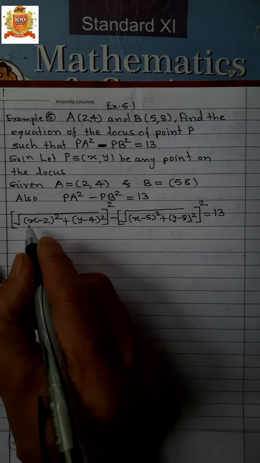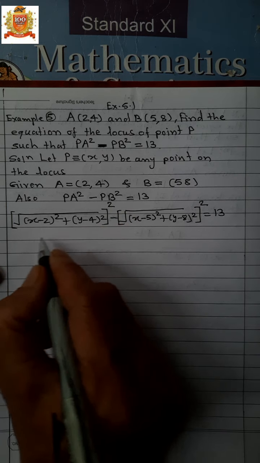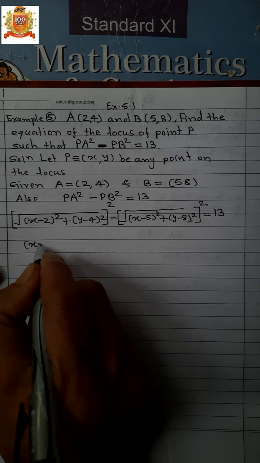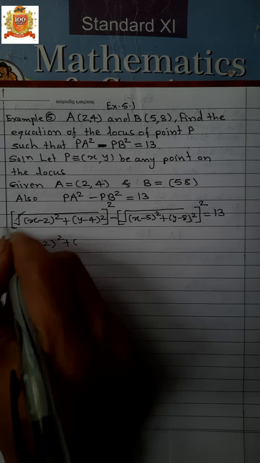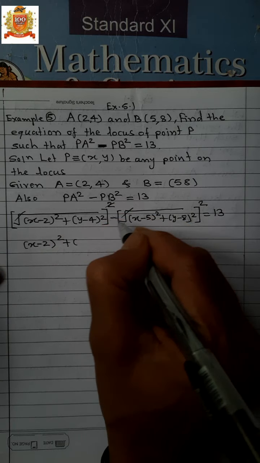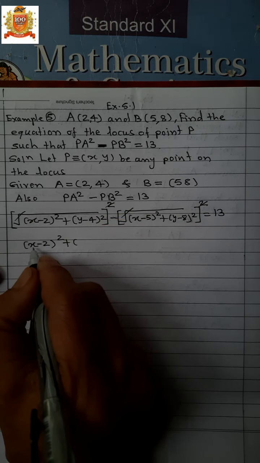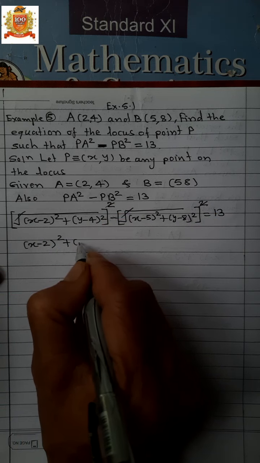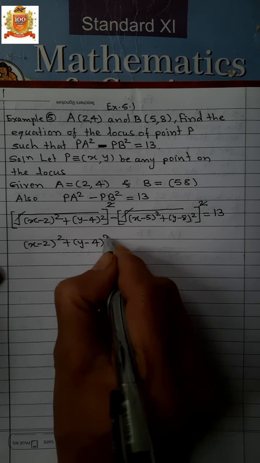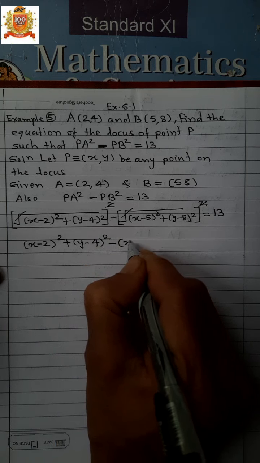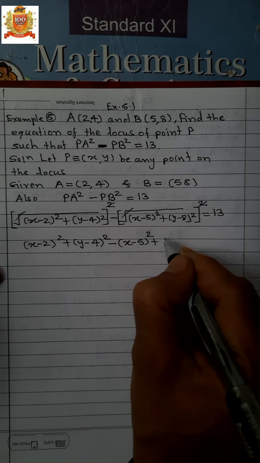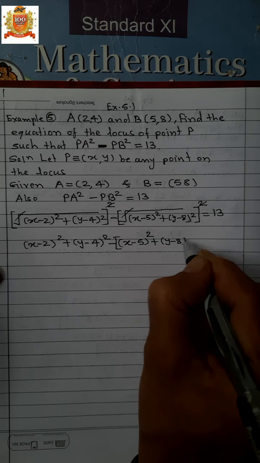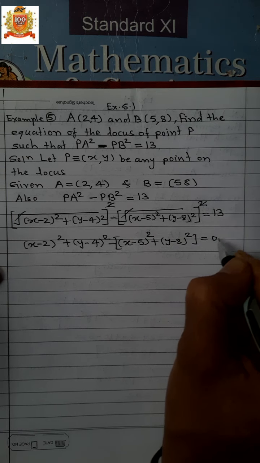Therefore, here the square root and square will vanish. We have (x minus 2) whole square plus (y minus 4) whole square minus, (x minus 5) whole square plus (y minus 8) whole square is equal to 13.